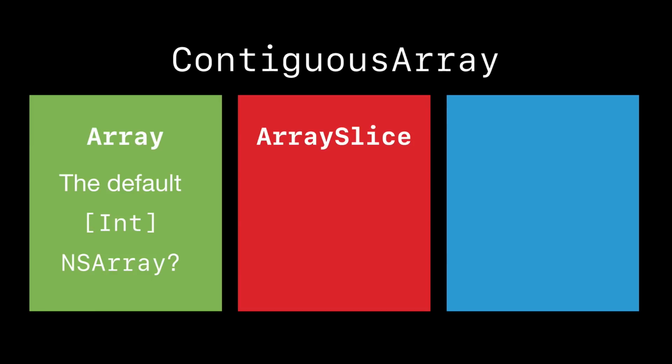Then there's array slices. You get this if you slice a main array like 0 through 5. This is designed mainly for short-term usage because it has very serious memory implications. If you have a very, very large Swift array, then slice part of it, that slice will keep the main array in memory even if you try and get rid of the main array, because the slice refers to the original array. So you'll be really careful with RAM usage.